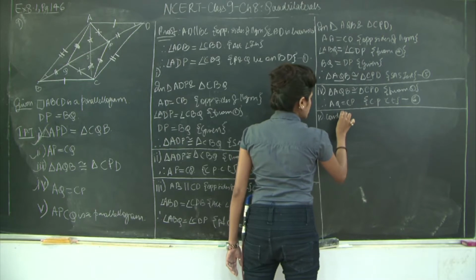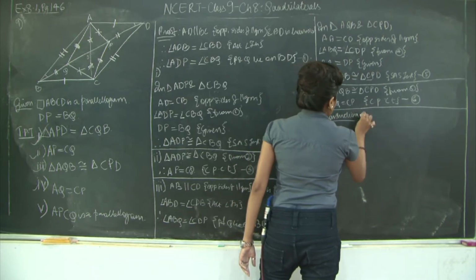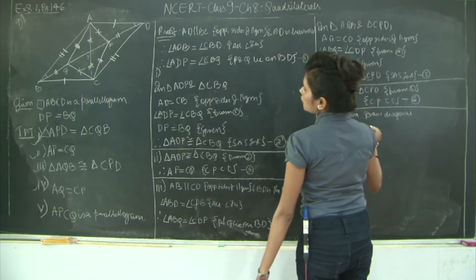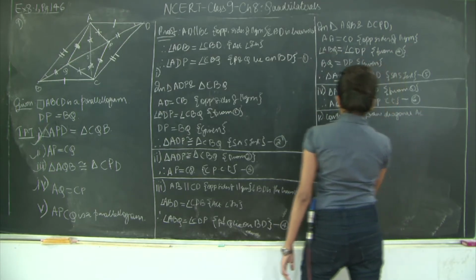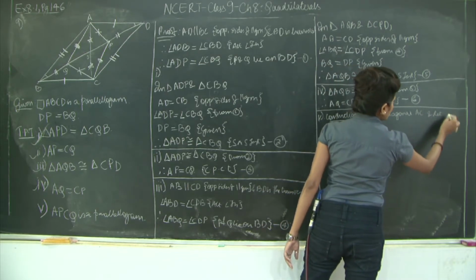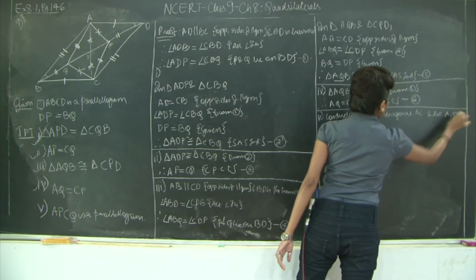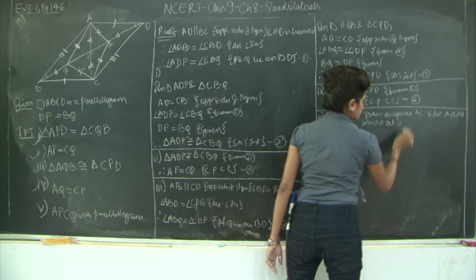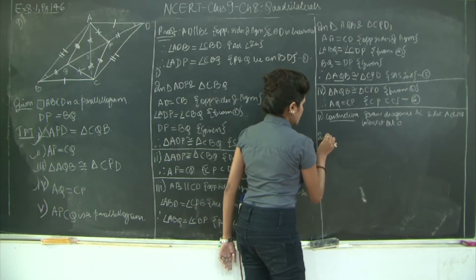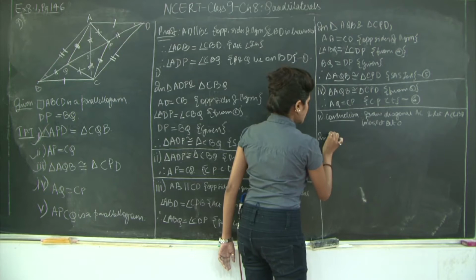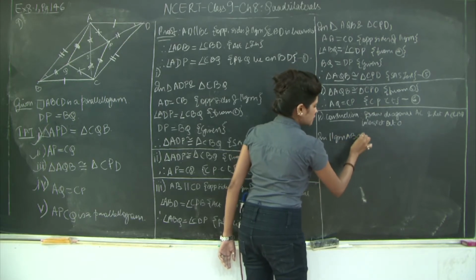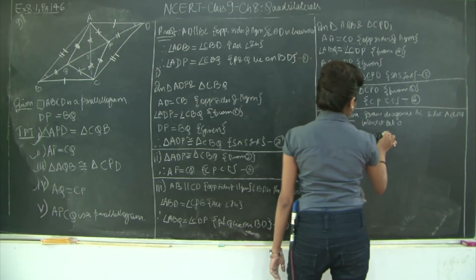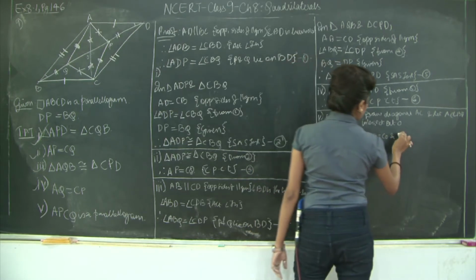So I'll say construction: draw diagonal AC, and let AC and BD intersect at O. Now, in parallelogram ABCD, I have AO is equal to CO and BO is equal to DO.